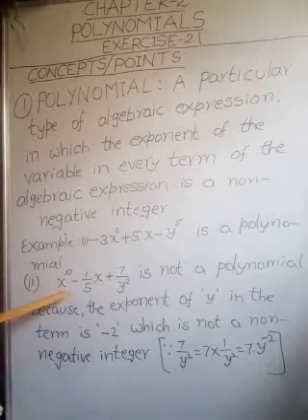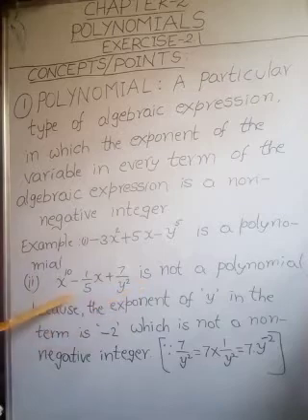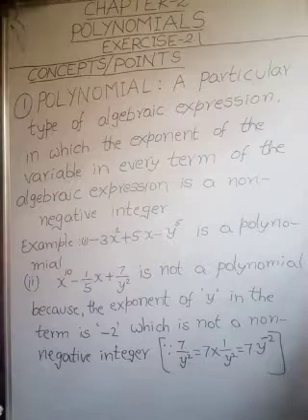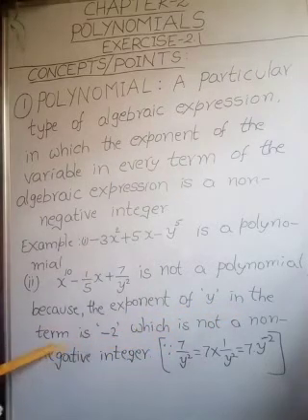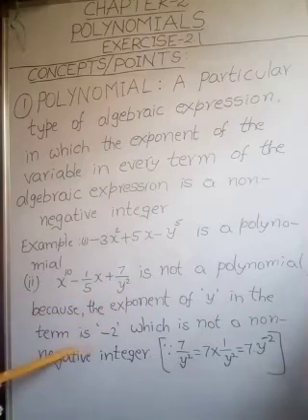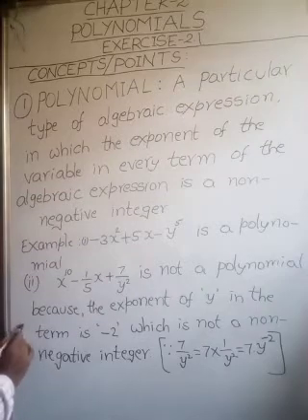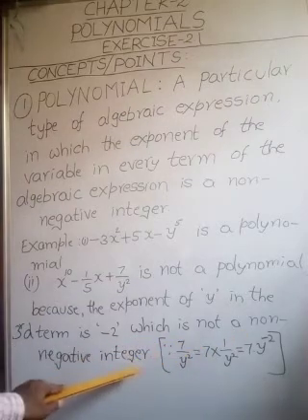x power 10 minus 1 by 5x plus 7 by y square. This is an algebraic expression, but it is not a polynomial because the exponent of y in the third term is minus 2, which is not a non-negative integer.